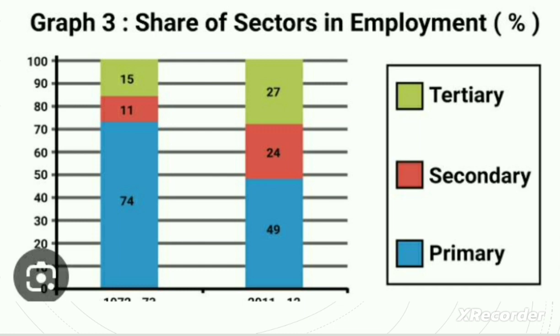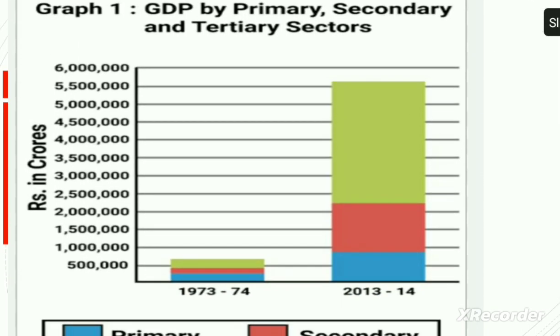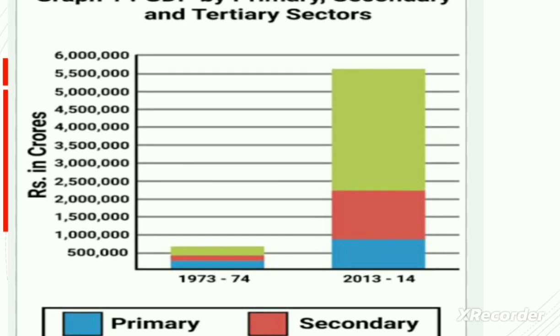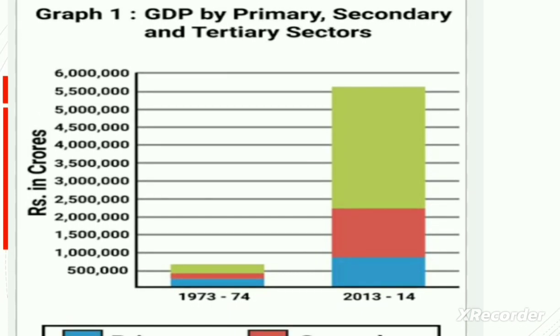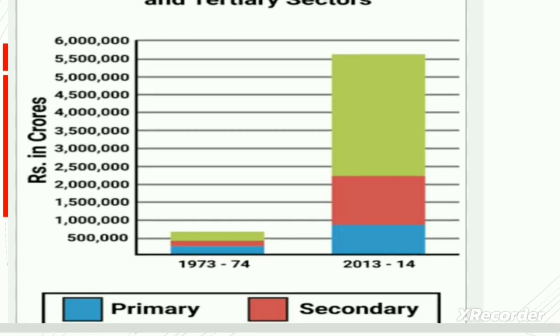Why is it overcrowded? Because the agriculture sector, compared to the other sectors, is less productive. The contribution of agriculture or the primary sector to the gross domestic product is much lesser than the other sectors. Here I'll show you a fact. You can see the contribution of different sectors in GDP: primary sector, secondary sector and tertiary sector.